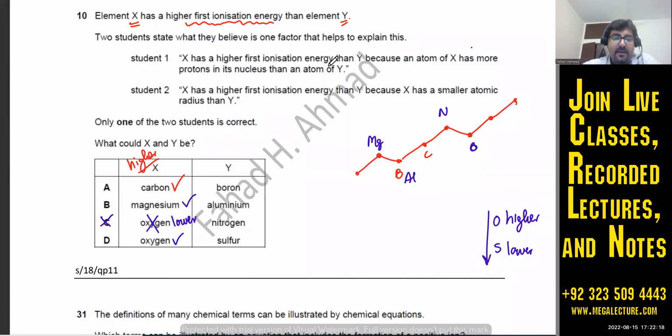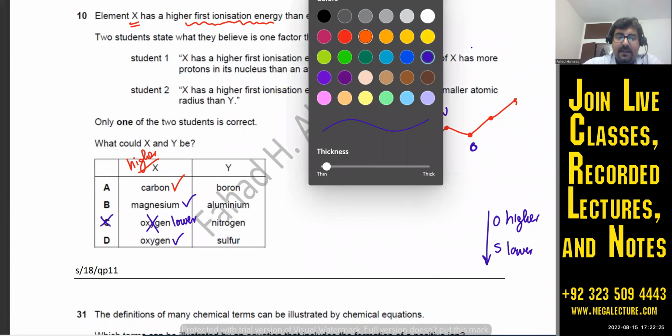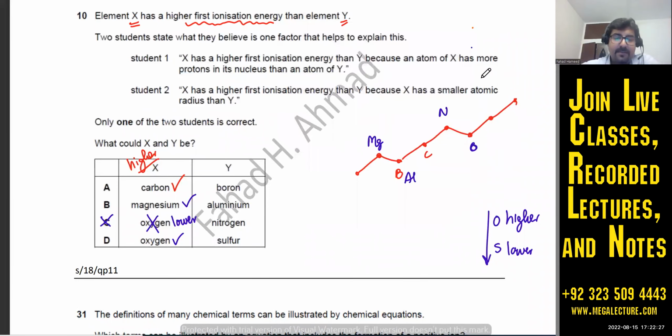Moving across the period, one by one, let's talk about the first option, carbon and boron, right? Carbon is over here and boron is over here. Why do ionization energies increase across the period? Because you've got more protons, right?